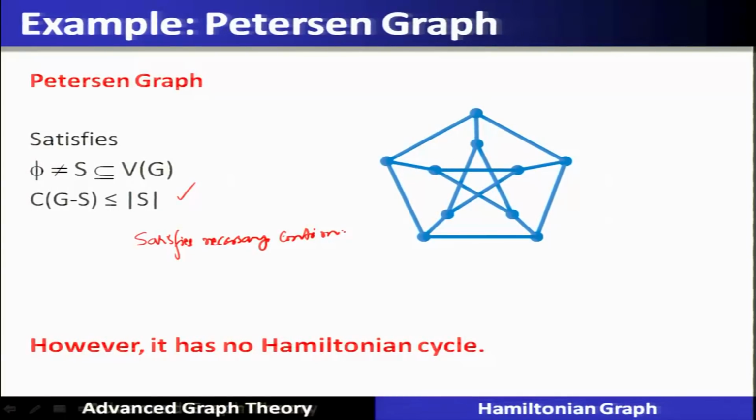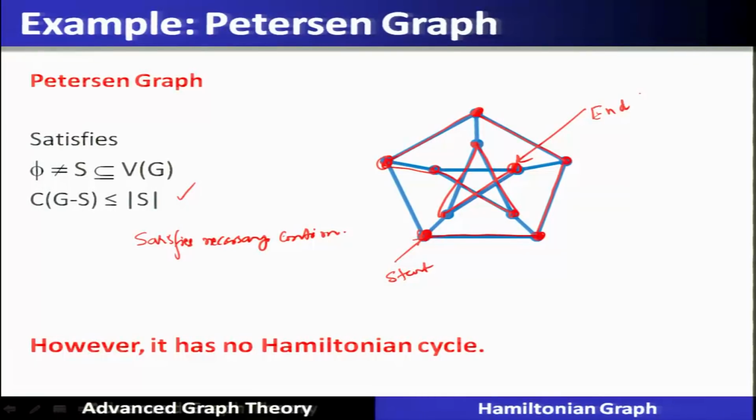Let us see in this particular example that we start at this particular vertex, then we visit the vertices around the cycle C5 which is present. Now we enter the inner cycle through this particular vertex. Now here we will end.